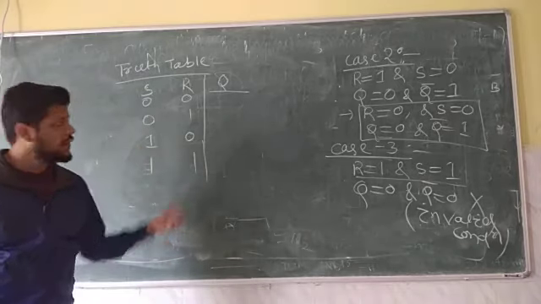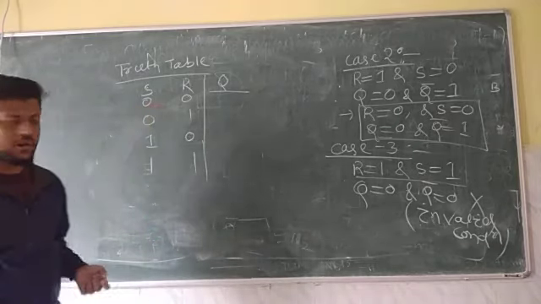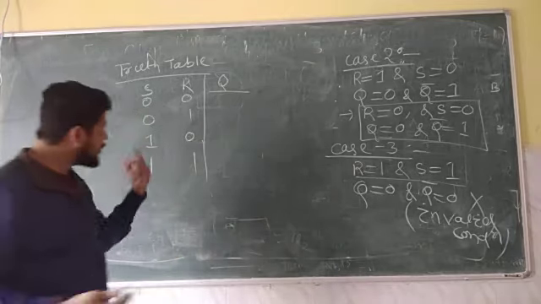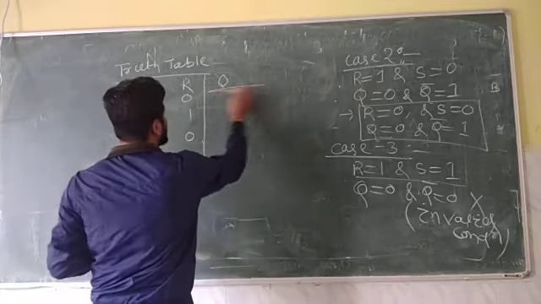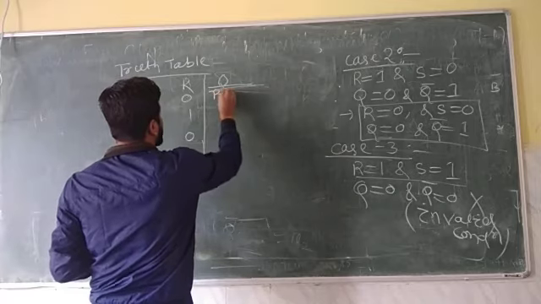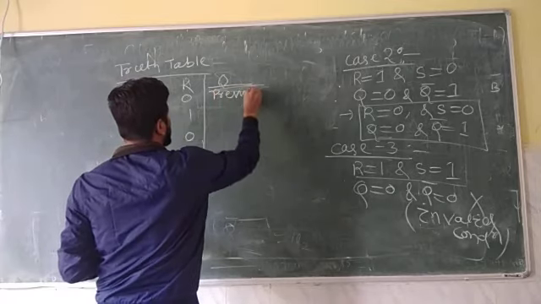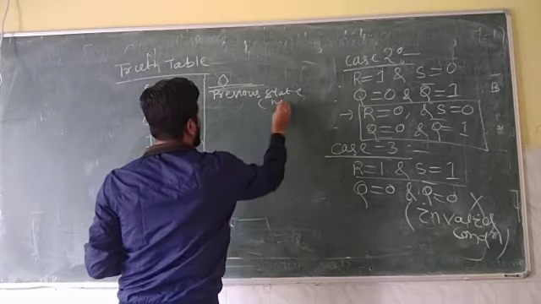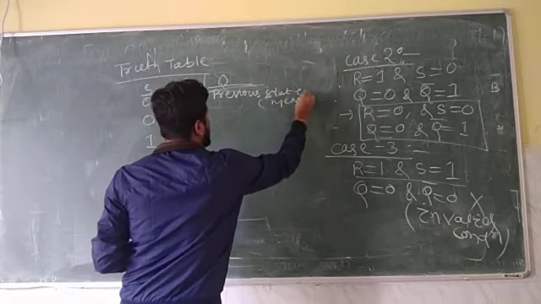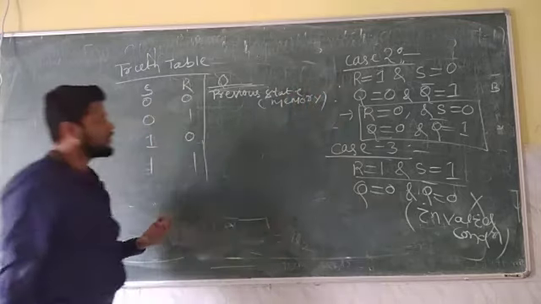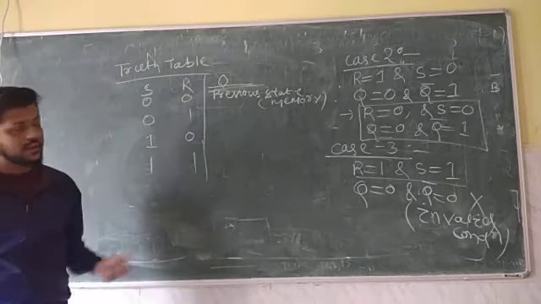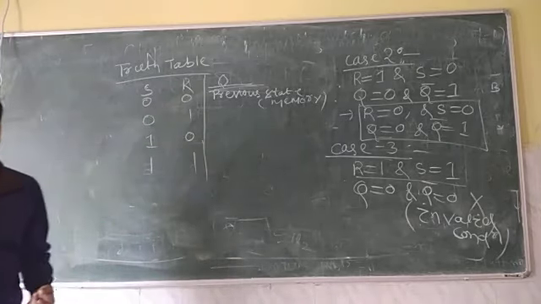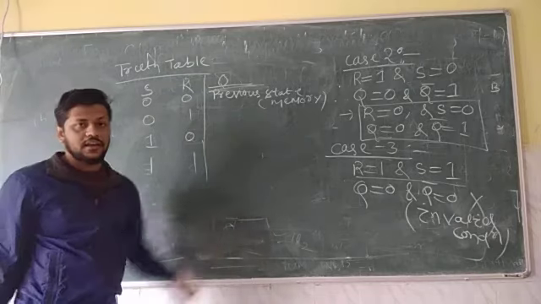What we have studied: when S is equal to 0 and R is equal to 0, Q will give you the previous state. So this is your condition for memory. In case of SR latch, when S is equal to 0, R is equal to 0, it will give you the previous state and it will act like a memory.